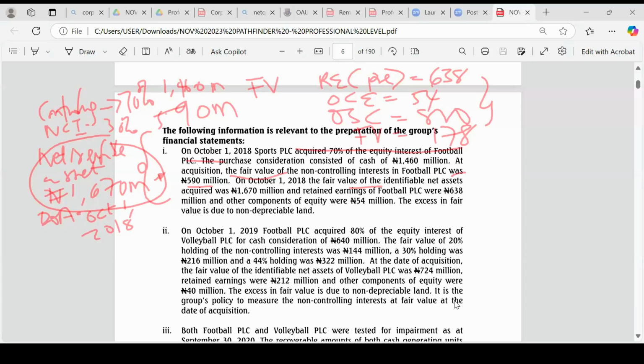I can go ahead and do the same for the next note. For the next note, as I understand it, we have been told Football PLC has acquired 80%. I'll do the same thing, 80%, NCI here.